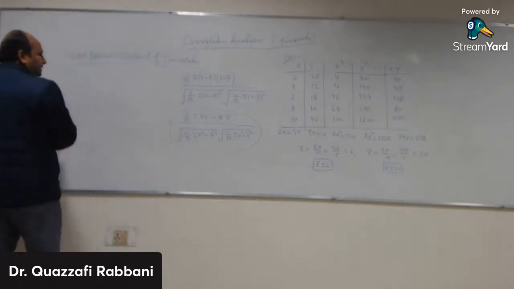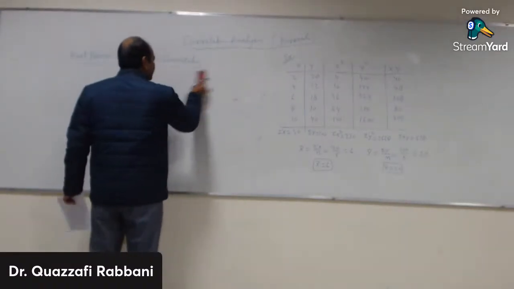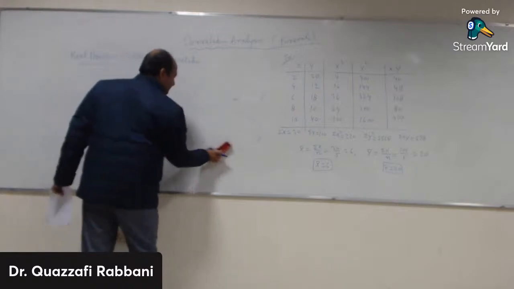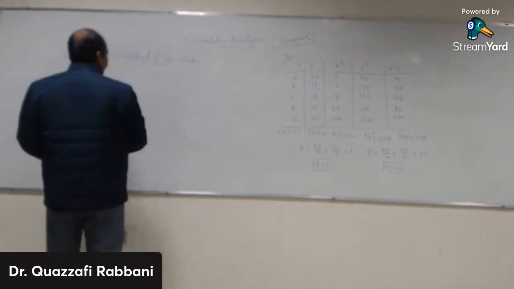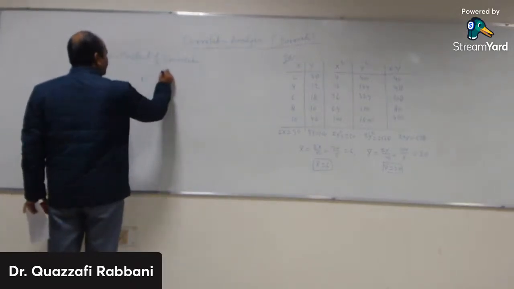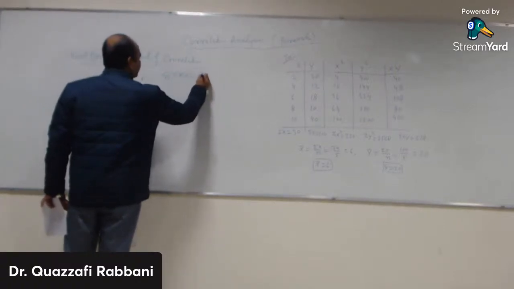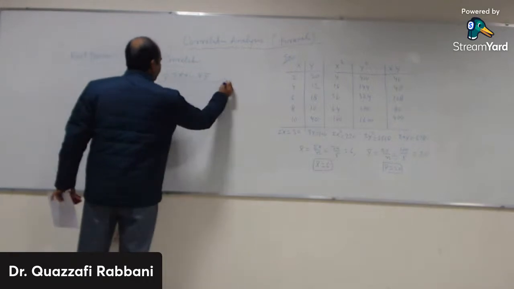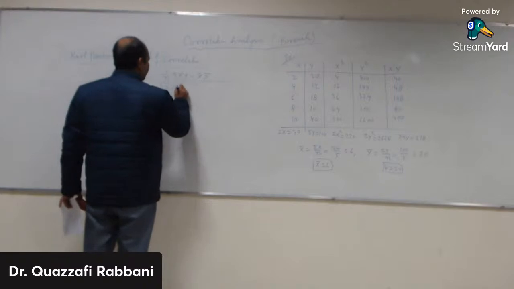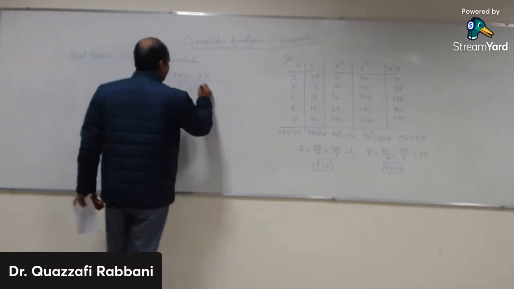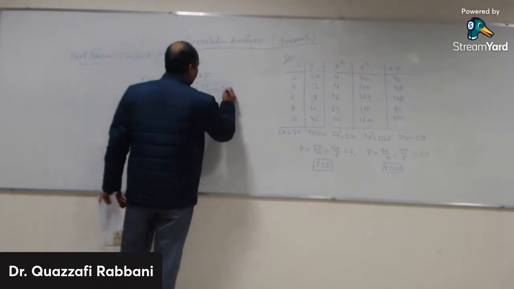Now putting these values in the formula: R is equal to 1 upon n summation xy minus x bar y bar, divided by under root 1 upon n summation x square minus x bar square, under root 1 upon n summation y square minus y bar square.